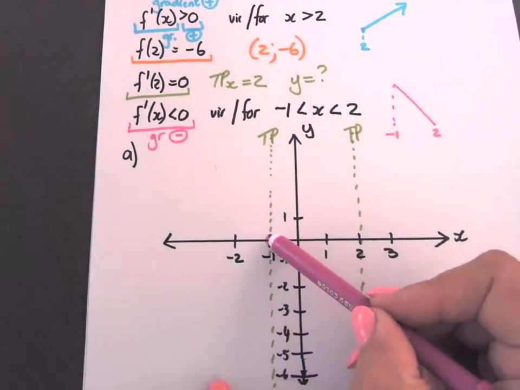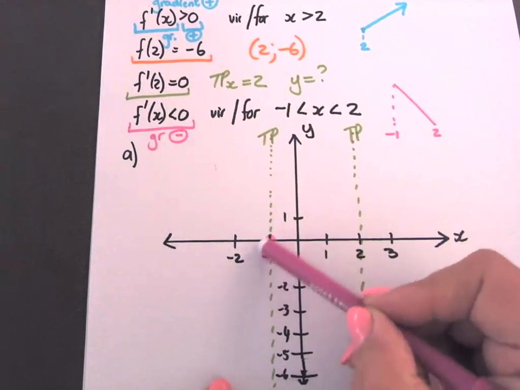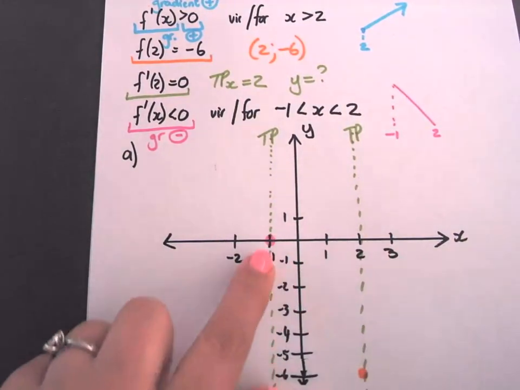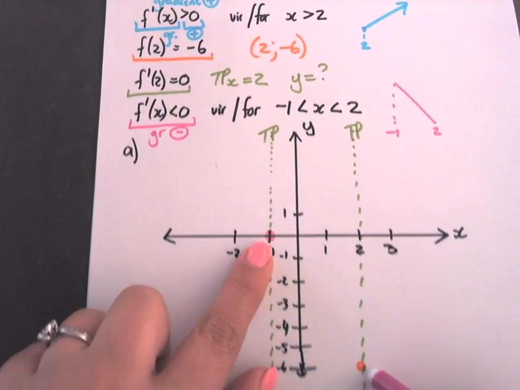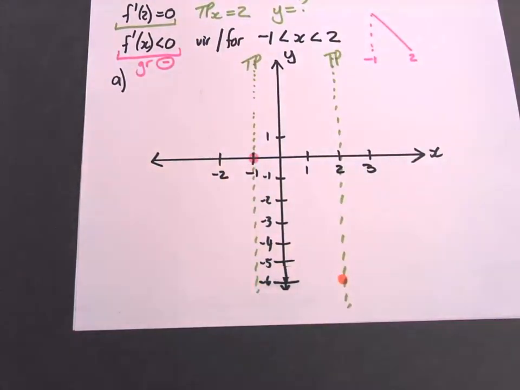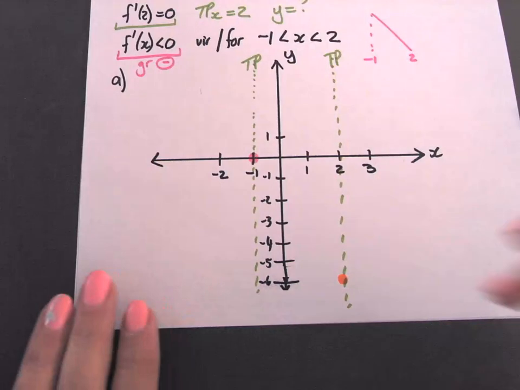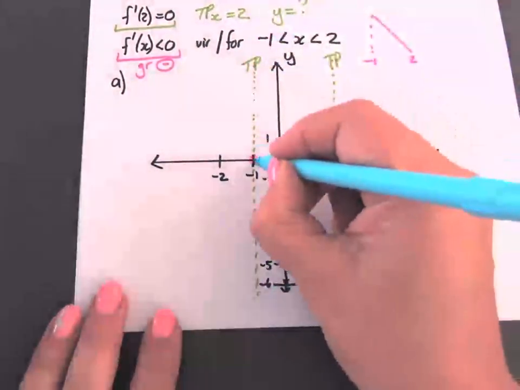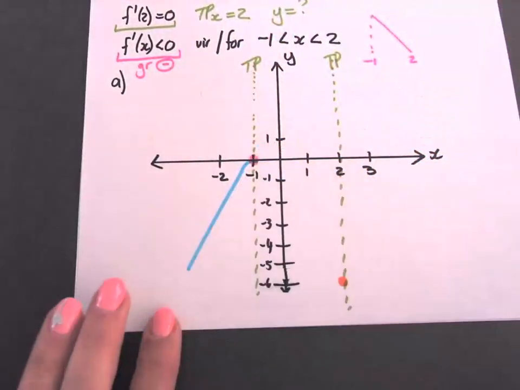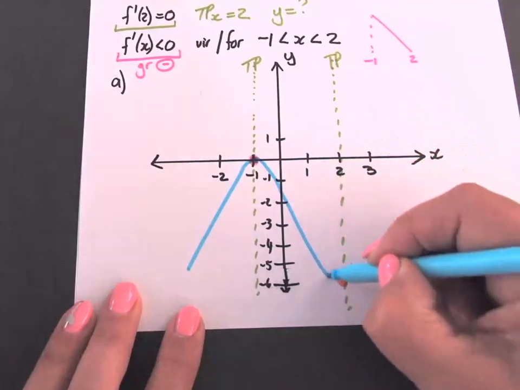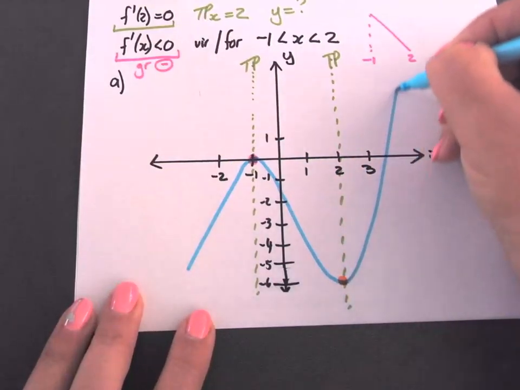It looks like I'm going to turn on x equals -1, and it looks like I'm going to turn here at (2, -6). We're going to turn there because I have to turn on the green line. Then I have a negative gradient, and then I'm going to turn here and go up.